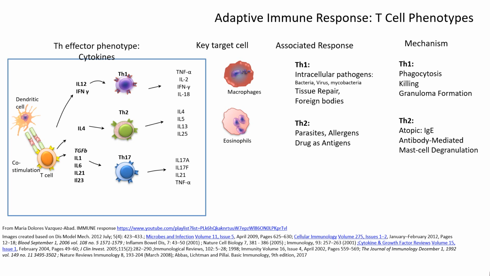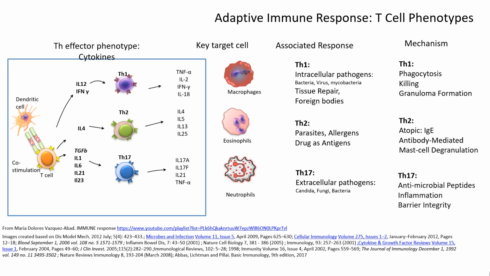The characteristic cytokines of the Th17, again distinct from what we see in Th2 and Th1, will target the neutrophils. And what is the trigger for this Th17? Well, now we have extracellular pathogens where the neutrophils can actually produce antimicrobial peptides, or they can actually also help with barrier integrity, and they produce typically inflammation.